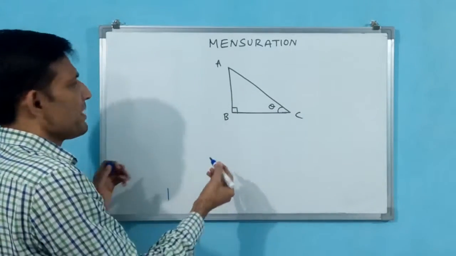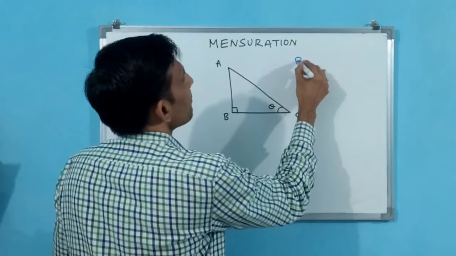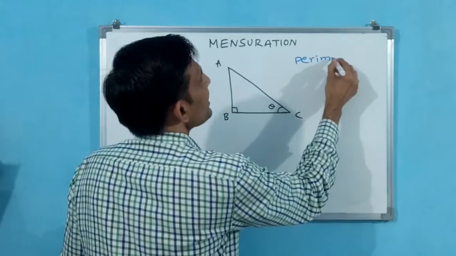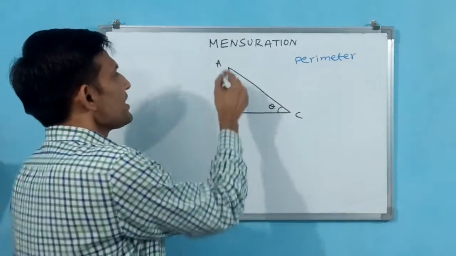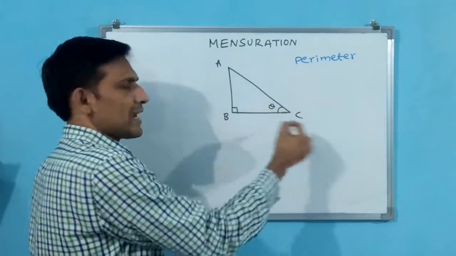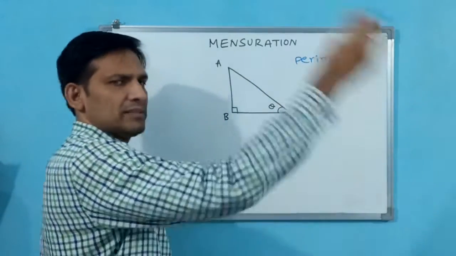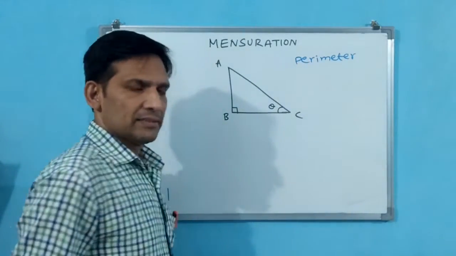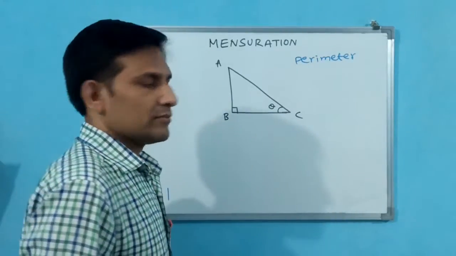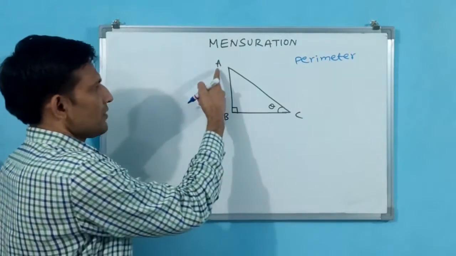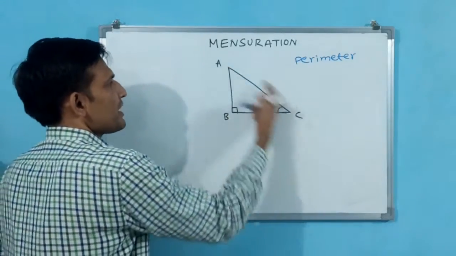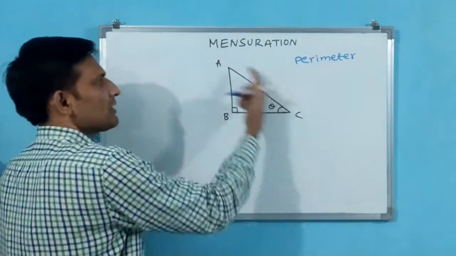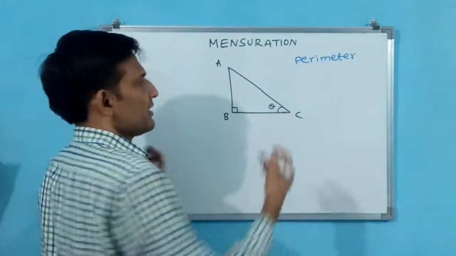Now let us see perimeter. Perimeter is nothing but the complete length of all sides, or outer length. Linear dimension. AB, BC, CA. From starting to ending, if you come by touching all the sides, that is called a perimeter.